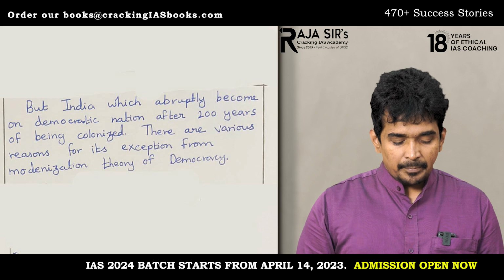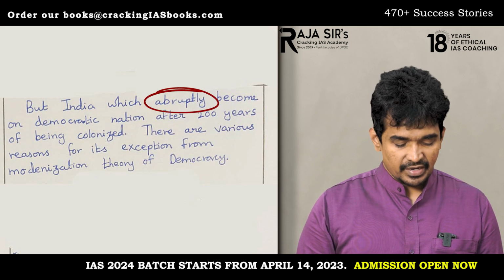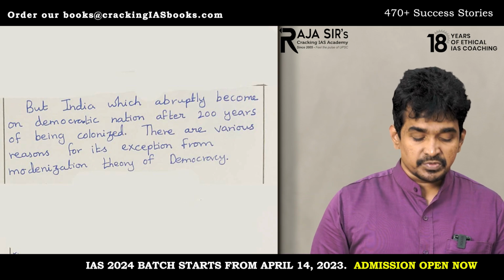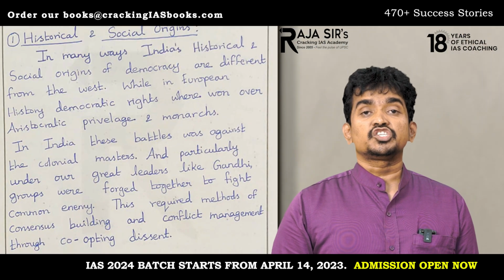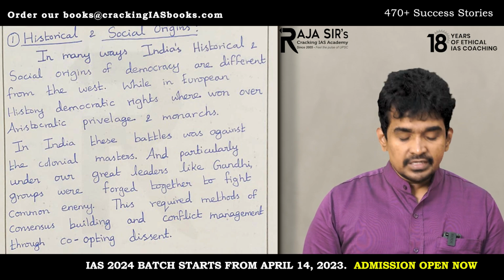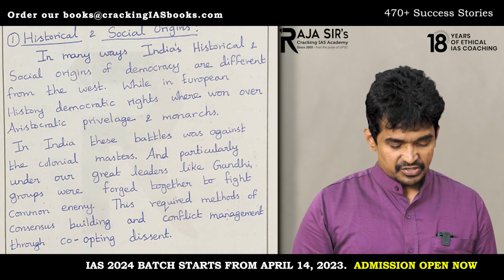But India, which abruptly became a democratic nation after 200 years of being colonized, there are various reasons for its exception from modernization theory of democracy. One, historical and social origins. In many ways, India's historical and social origins of democracy are different from the West.